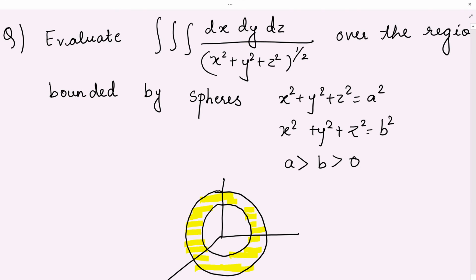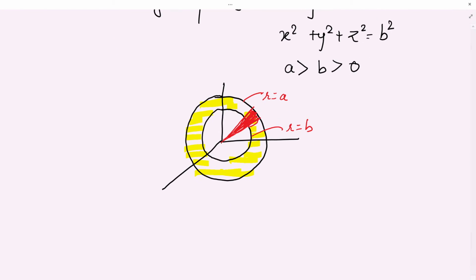So the 3-dimensional strip will be like this. Now you know that since A is greater, the outer sphere is R is equal to A. The inner sphere is R is equal to B. And the sphere is complete, right? So for a complete sphere, we have seen the standard limits.